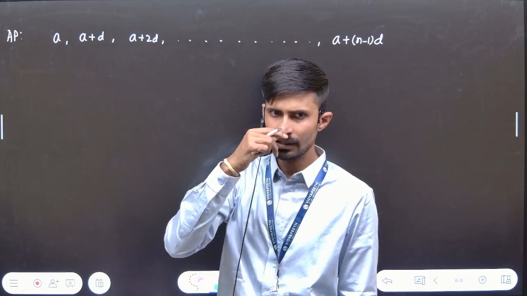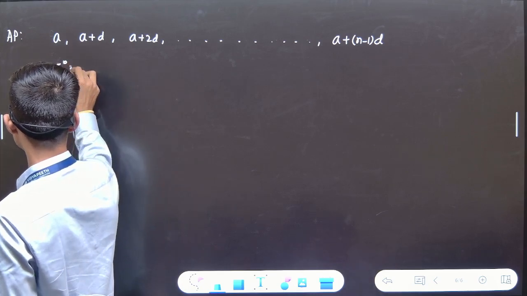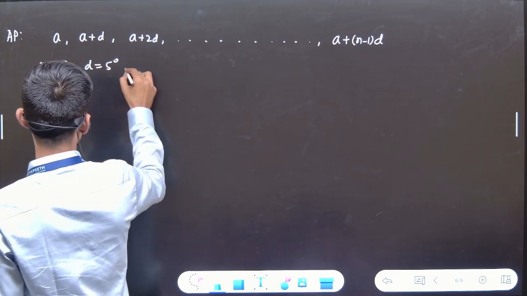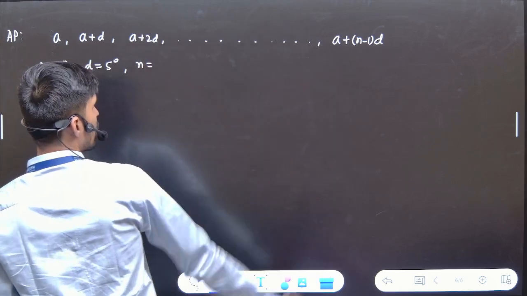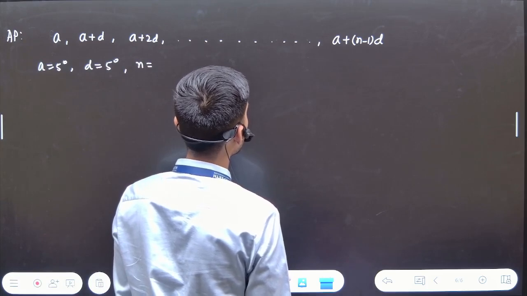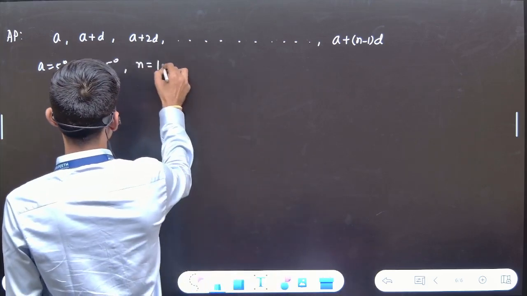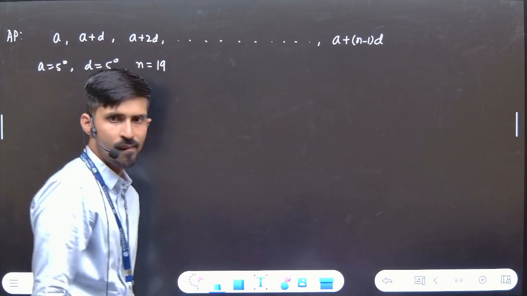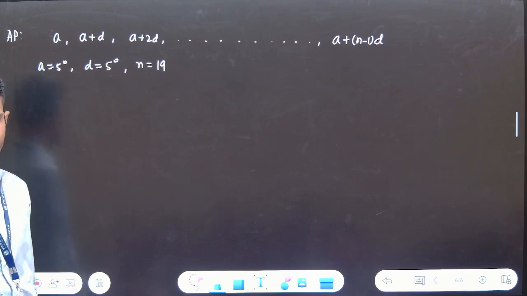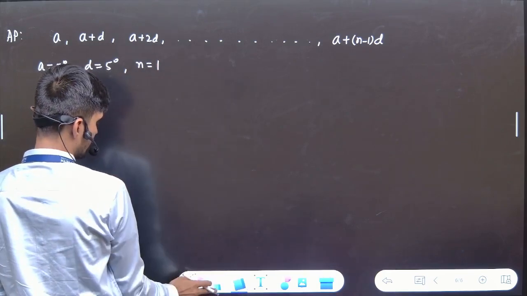Okay now, let A equal 5 degrees, D equal 5 degrees and N equal to 17.